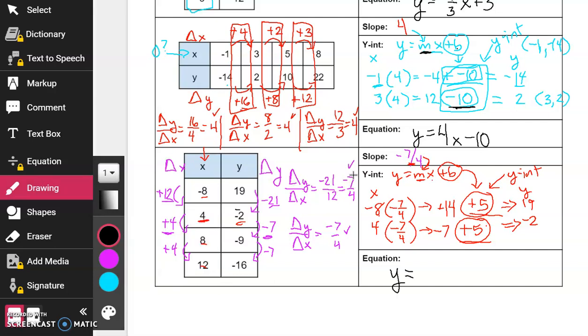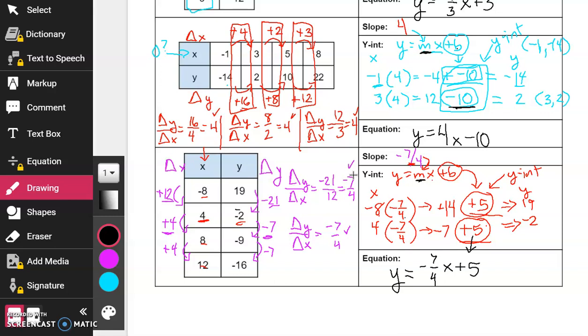Once I'm here, triumphant equation writing: y equals slope, -7 over 4, times x, and then my y-intercept is positive 5. Watch this a few times, let it sink in, catch the process.